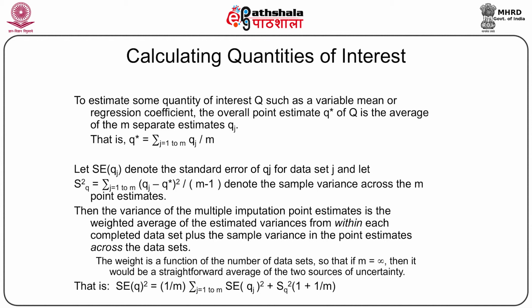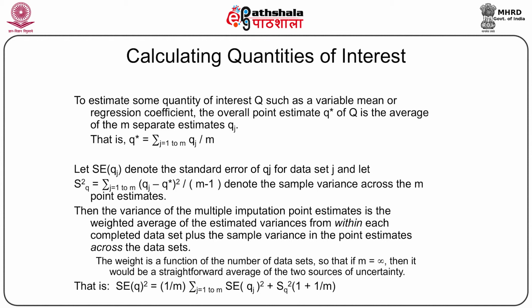To estimate some quantity of interest, say q, such as the variable mean or regression coefficient, the overall point estimate q star of q is the average of the m separate estimates q sub j.